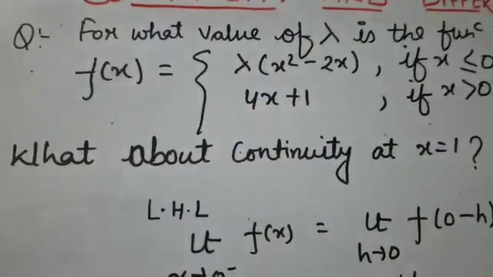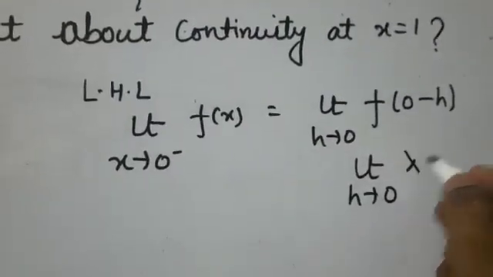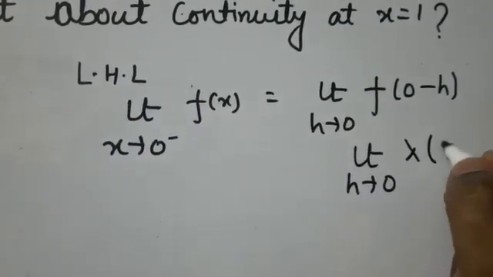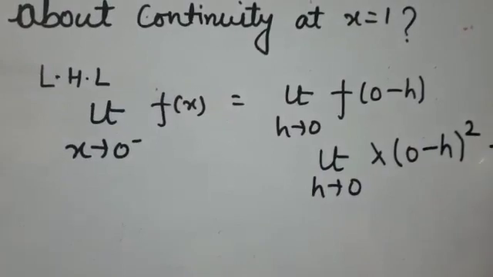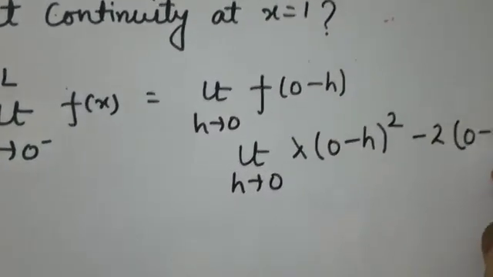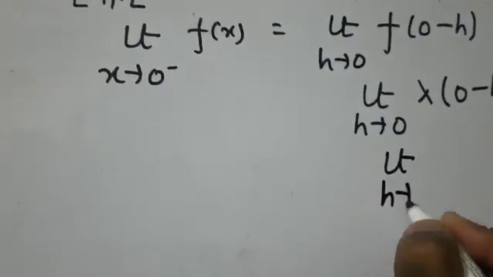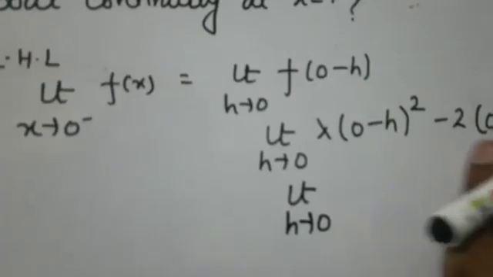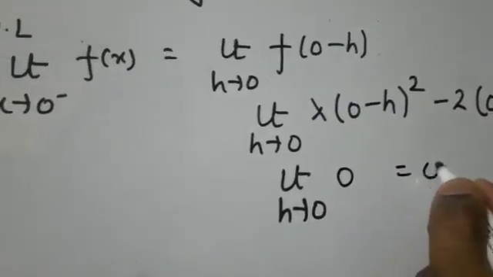Yes, lambda x square minus 2x. In place of x we put 0 minus h, then it is squared, minus 2 times 0 minus h. So limit h tends to 0. On solving this we get 0. So our left hand limit is 0.